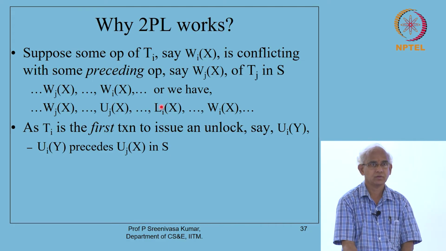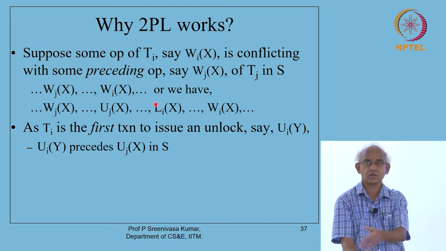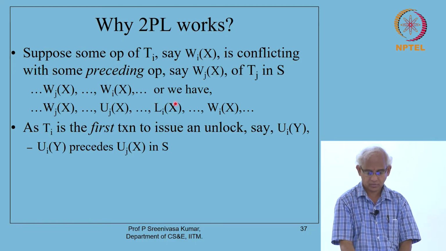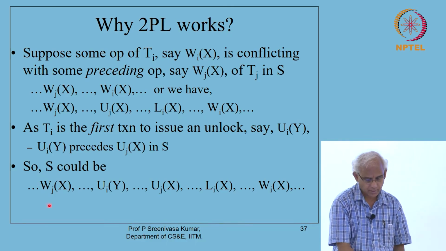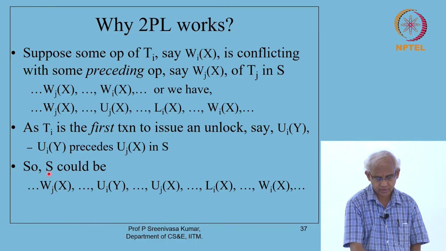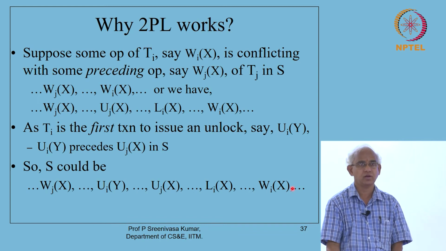Okay. Then transaction Ti is not actually following the 2PL protocol, because after it has done an unlock, it cannot ask for a lock. So, Wj of x, Ui of y, Uj of x, Li of x, Wi of x: this kind of sequence cannot occur if Ti is actually following the 2PL protocol.